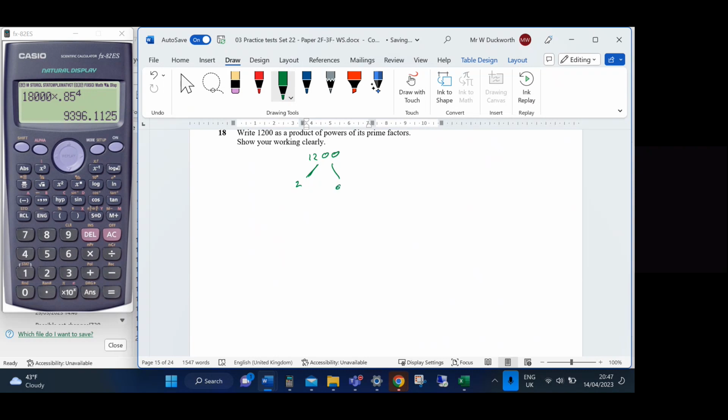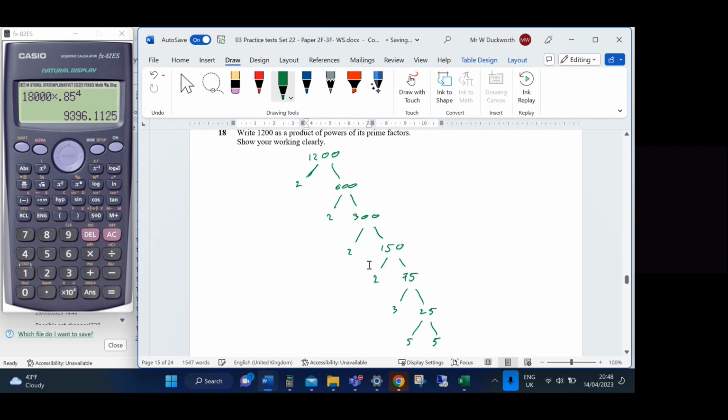So that's 2 times 600, which is 2 times 300, which is 2 times 150, which is 2 times 75. 2 is not a factor of that anymore, so the next smallest is 3. 3 times 25, which is 5 times 5.